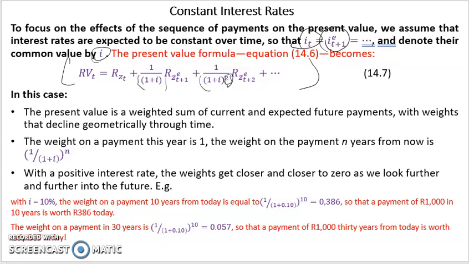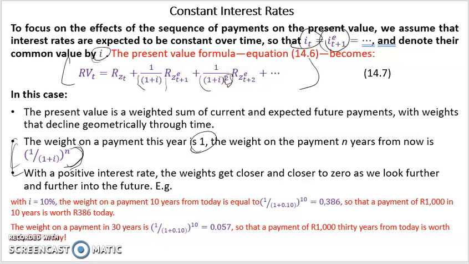If the weight of payment this year is 1, for instance, the weight on the payment n years from now, or rather the discount factor of the nth payment, is given by this. So with a positive interest rate, the weights get closer and closer to 0 as we look further and further into the future.